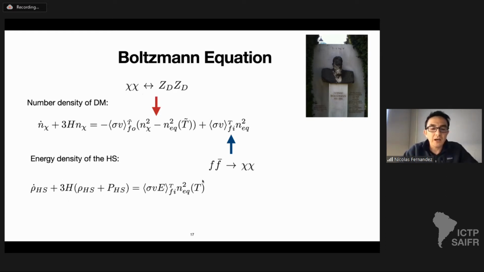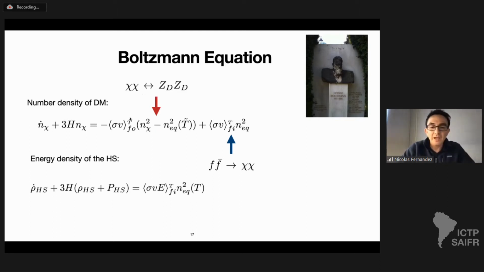A couple of points here. As you can see, the average cross-section here is with respect to the temperature of the standard model, but the cross-section of the freeze-out, the annihilation of dark matter to dark photons, is evaluated at the temperature of the hidden sector.